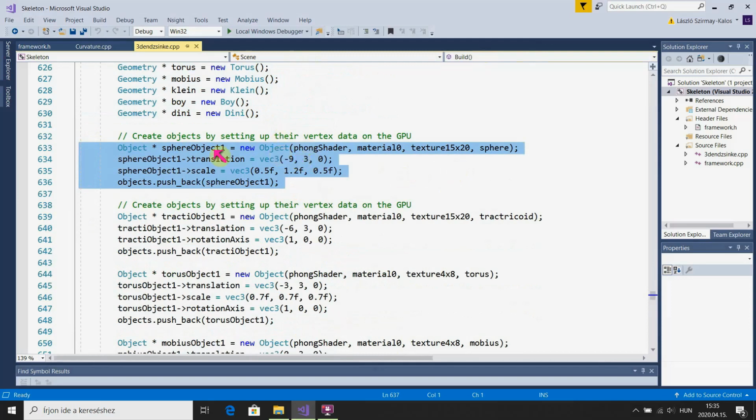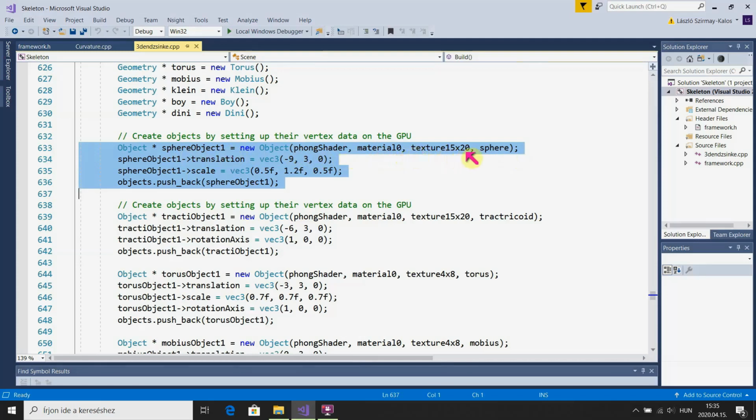As I said, an object can pick shader, material, texture, and geometry. This first object called sphere object 1 is shaded with a Phong shader. It is defined by material number 0.